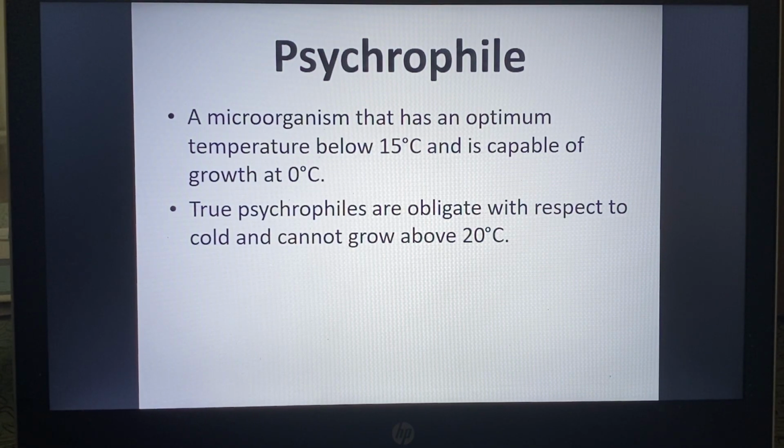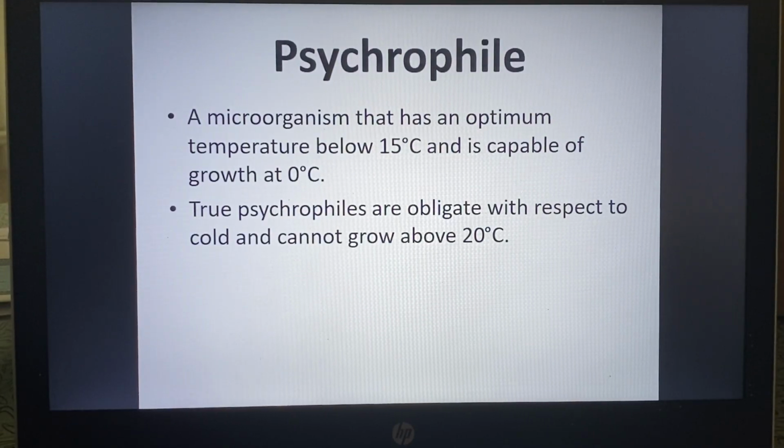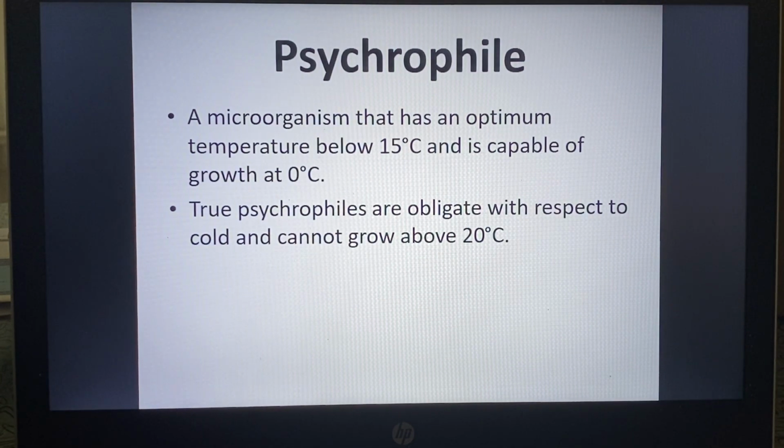And then we have what we call true or obligate psychrophiles. And these are organisms that literally, if you reach 20 degrees Celsius, which is a tiny little bit above the temperature of your refrigerator, they're not going to grow at all. Okay, so those, obviously, we don't have to worry about causing infections. But some psychrophiles, like Listeria, infect refrigerated meats.